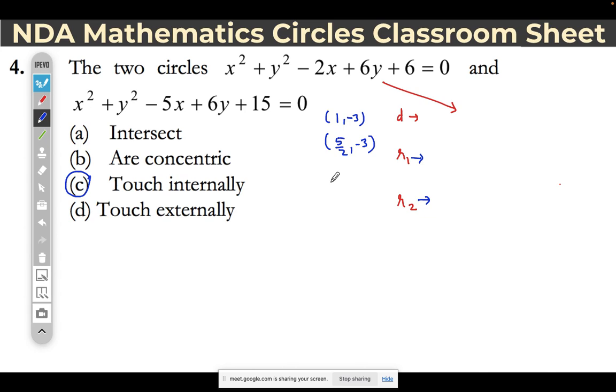Touch internally, true. One radius is 2.5, one radius is 1, and the distance is 1.5, right? Yes, sir, 3 by 2. Shabash.